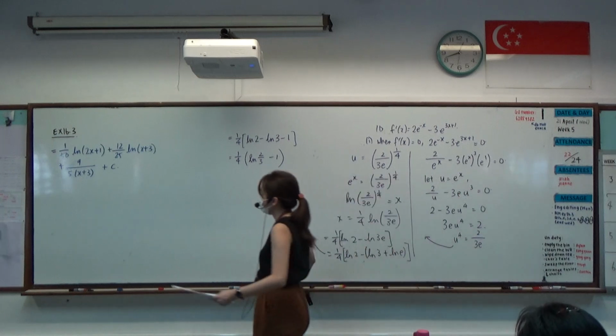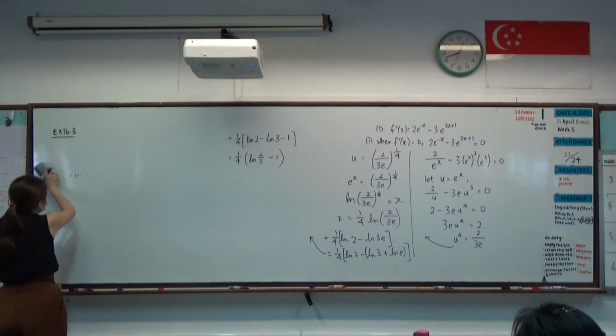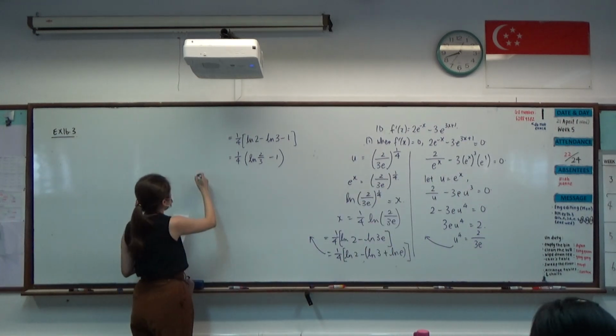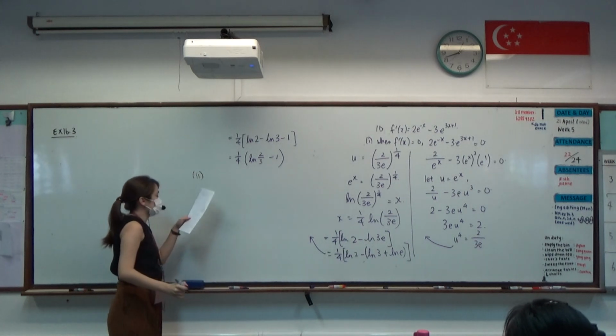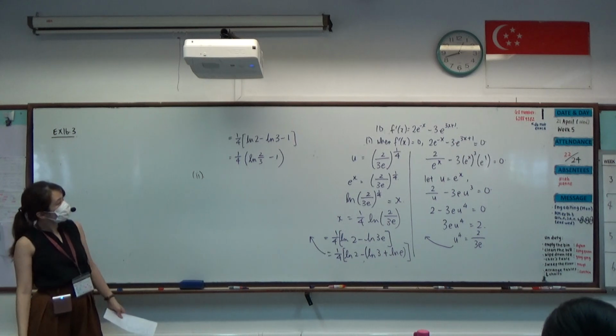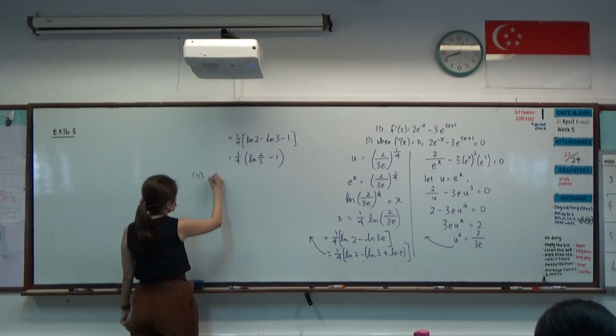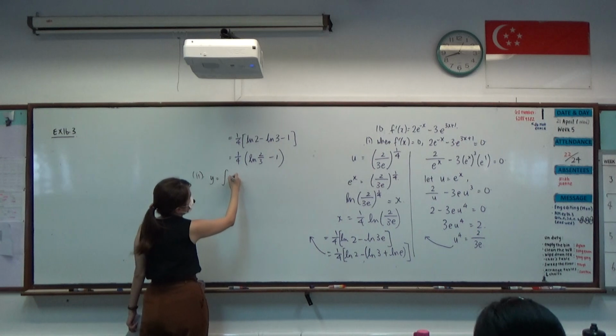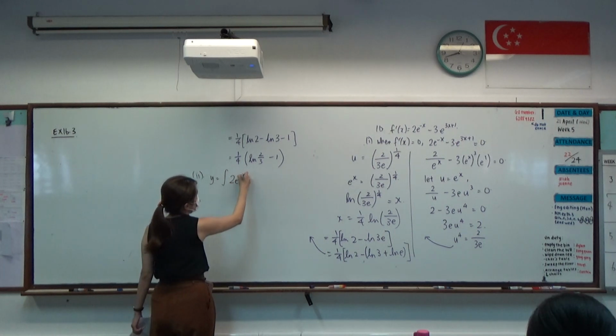Okay. Then part 2. It asks you to find out what is the actual equation for y. So we need to do our integration. So we integrate f prime x.